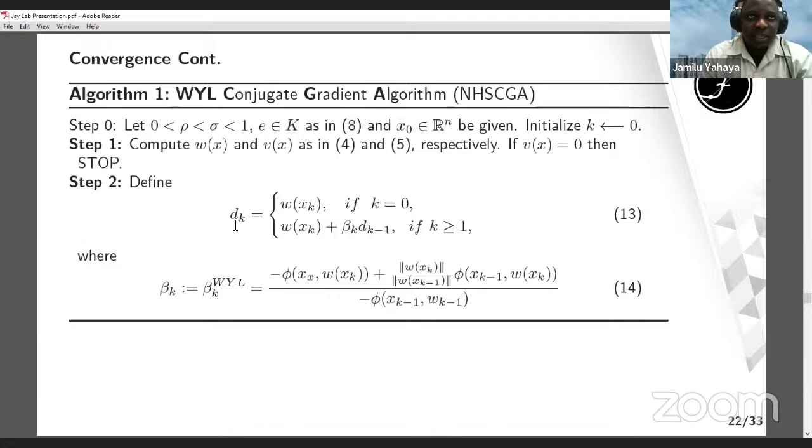Sometimes we take an interval, for example, A equals minus 100 and B equals 100. So x naught, which is the starting point, is defined to be equal to A plus (B minus A) times the seed. That is the random value in the numerical experiment. This is how it has been designed in the numerical experiment.